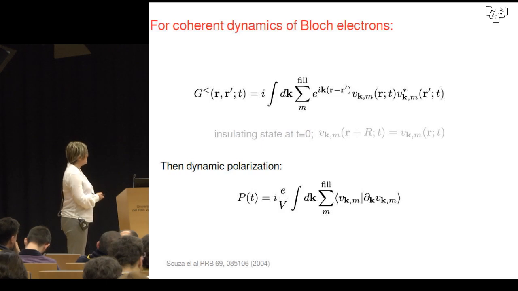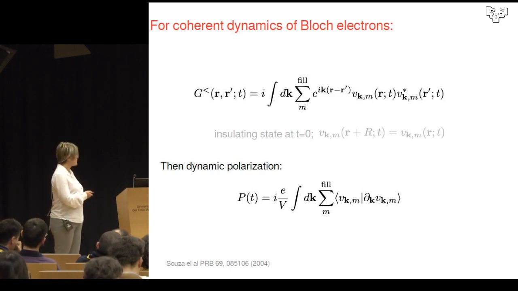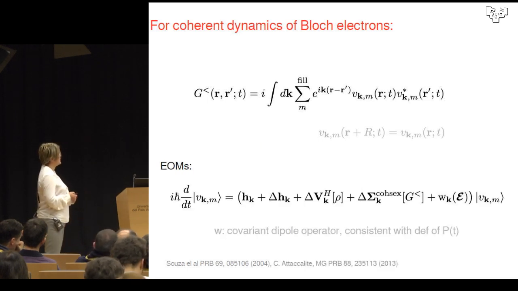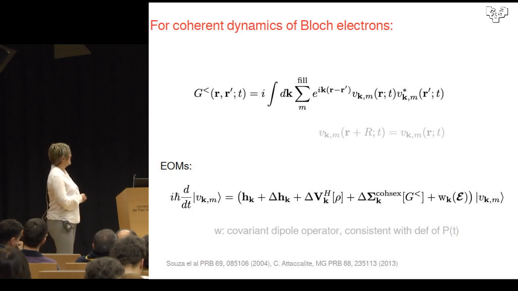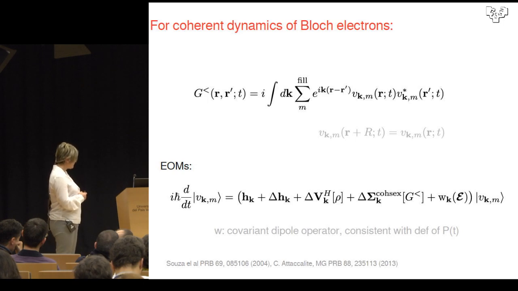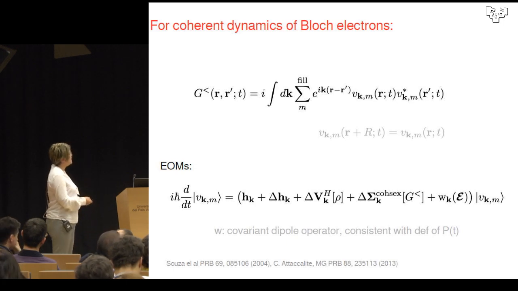So the problem here, you see, is that we have the polarization, which is only implicitly depending on the Green's function. So what we did here is just to rewrite our equation of motion. The details are in this paper, in terms of this periodic part of the Bloch electrons. Here you have exactly the same ingredients.